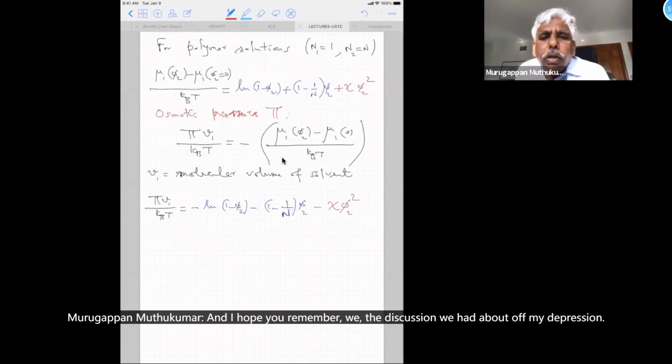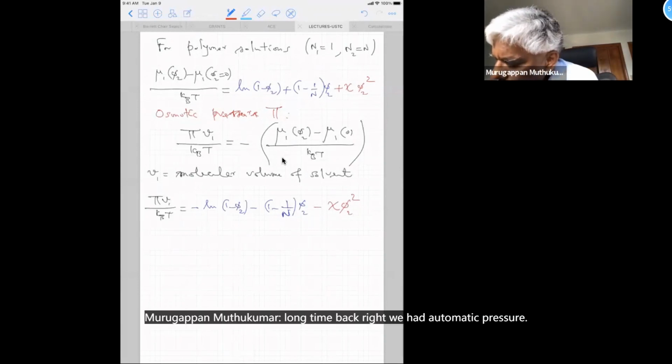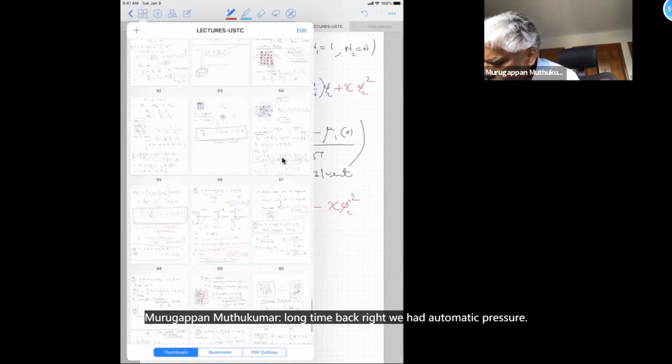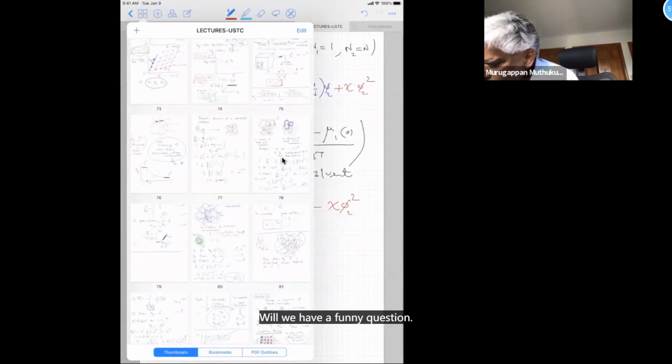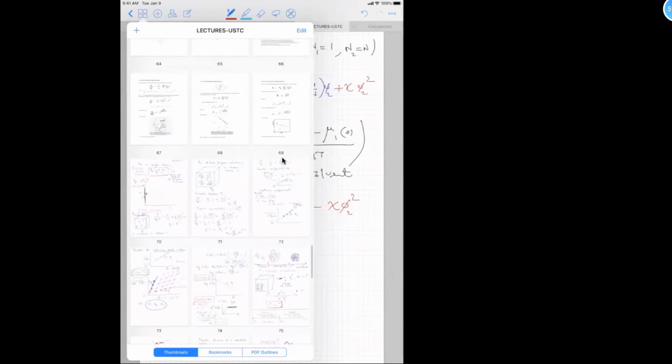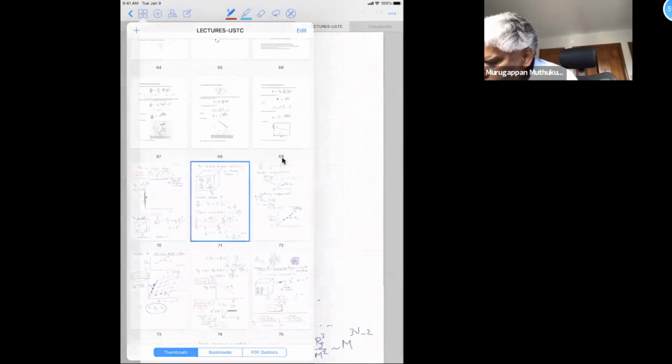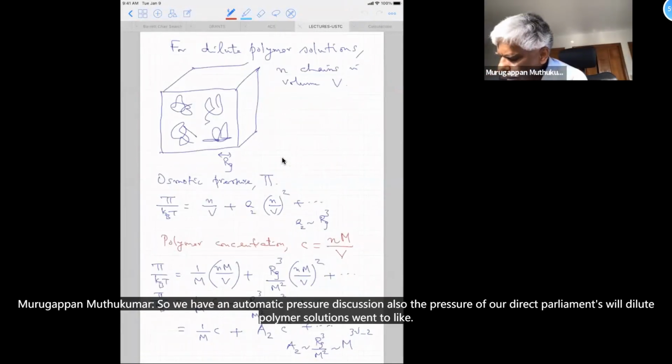And I hope you remember the discussion we had about osmotic pressure a long time back, right? We had an osmotic pressure discussion of a dilute polymer solution.